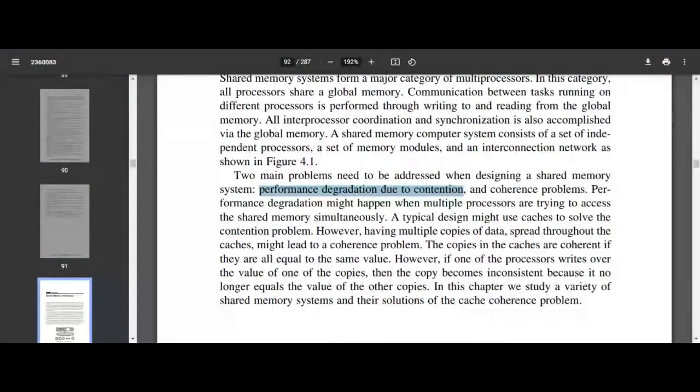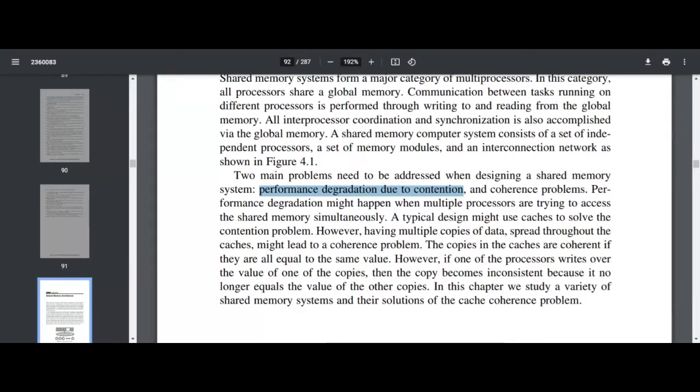So you can say that every processor is keeping the same data from the memory. You have multiple copies altogether.